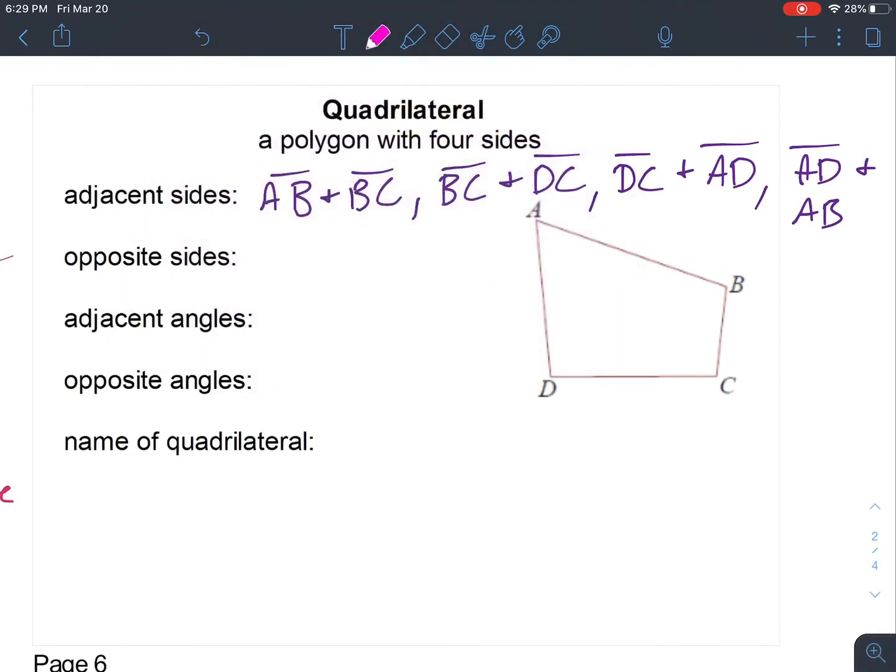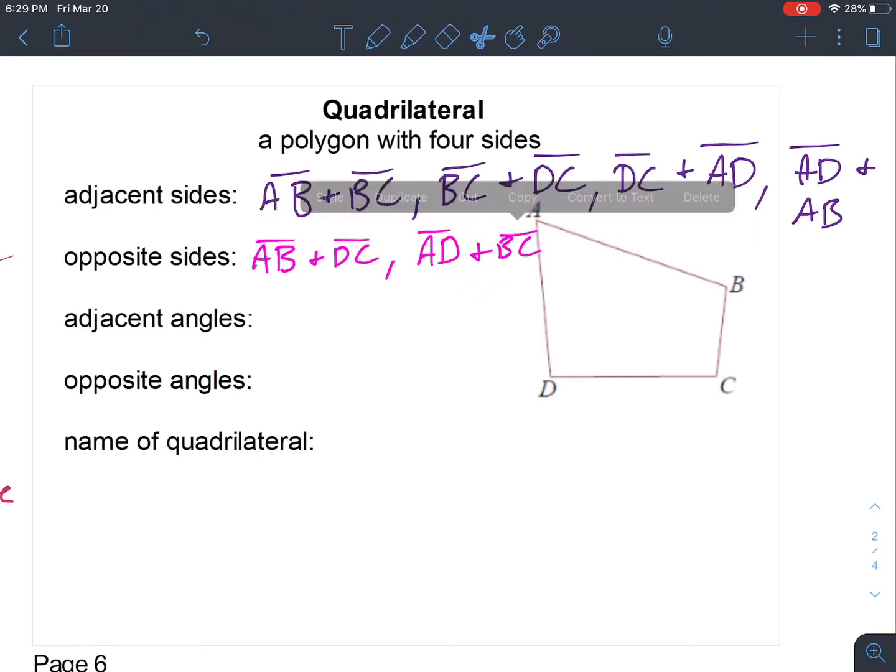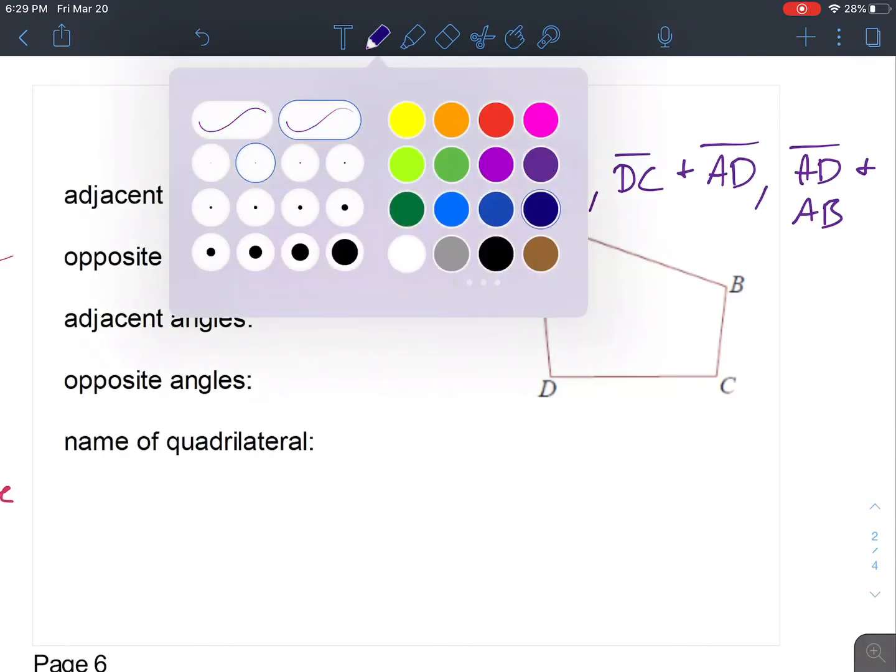Then for the opposite sides that are on opposite ends of the quadrilateral, we have AB and DC. And then we also are going to have AD and BC. Okay.